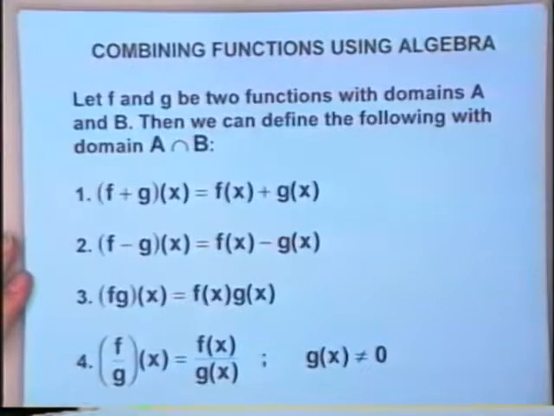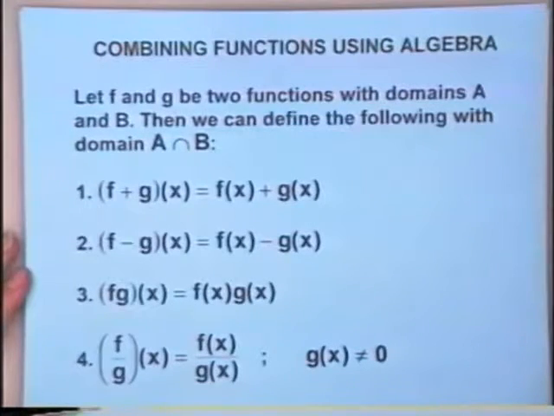Our fourth operation is the quotient or division. The quotient f over g of x is found by taking the function f of x and dividing by the function g of x. Now you will notice on this fourth one, there is an extra condition.